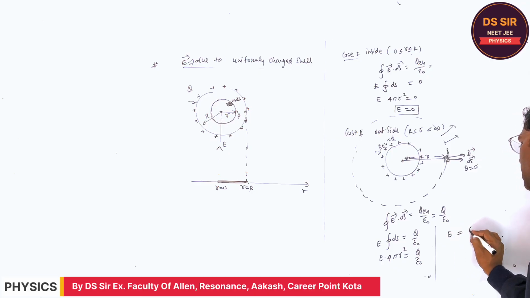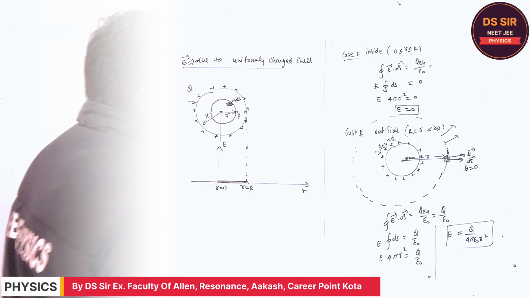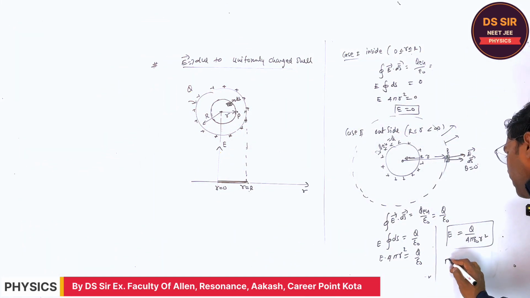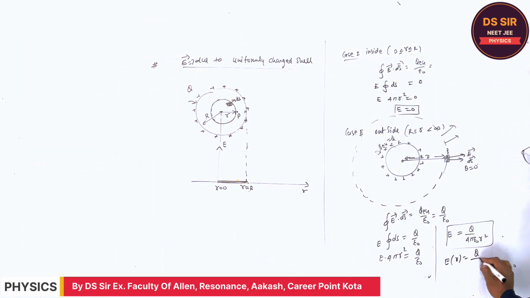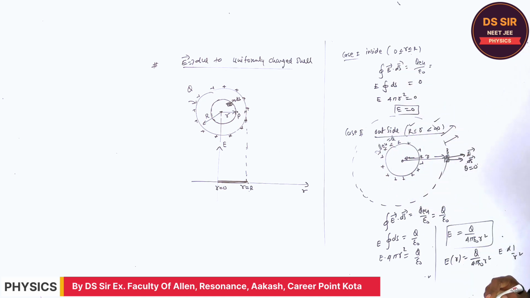So electric field is Q upon 4 pi epsilon naught r square, right? Copy this. So this is the electric field as a function of r, Q upon 4 pi epsilon naught r square, and this electric field is inversely proportional to r square. What is the value of r outside? Capital R to infinity.